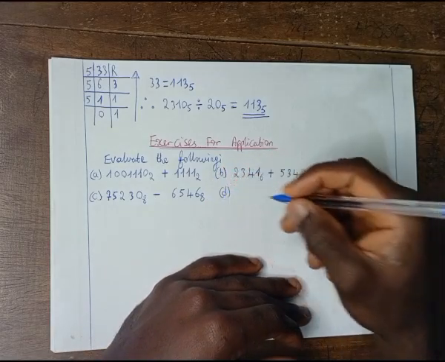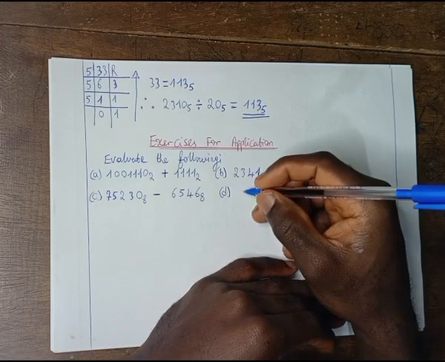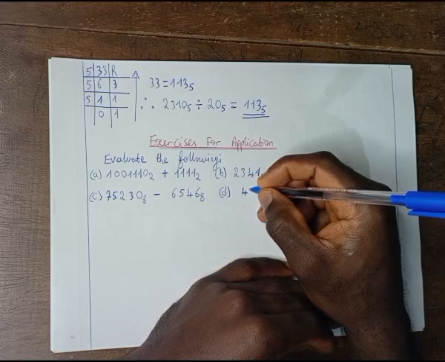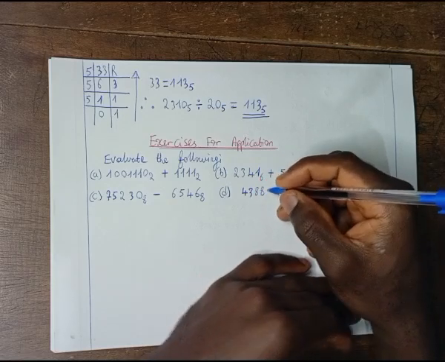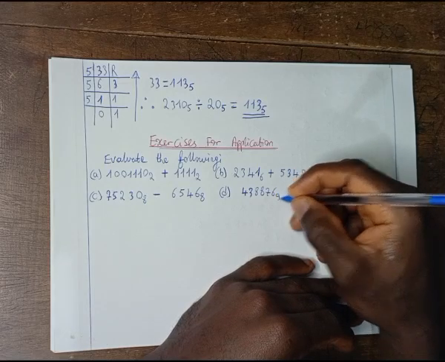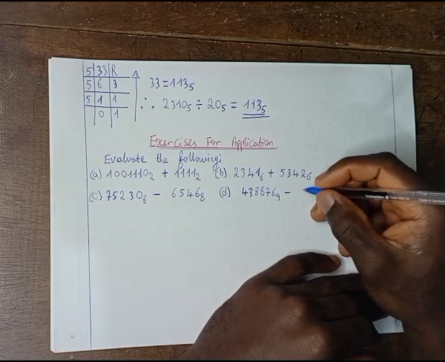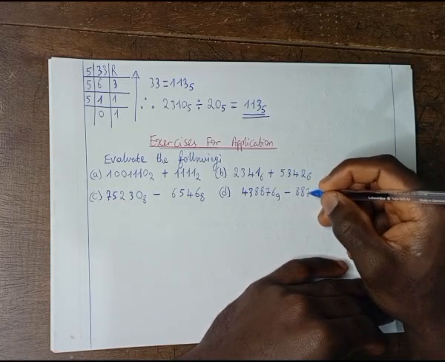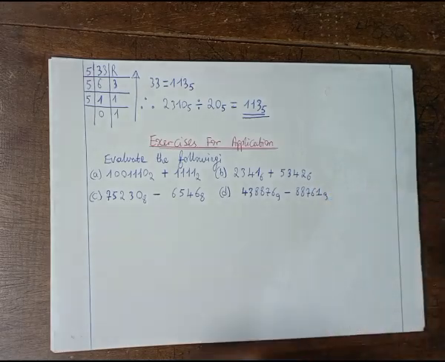For D, we have 4 3 8 8 7 6 base 9 minus 8 8 7 6 1 in base 9.